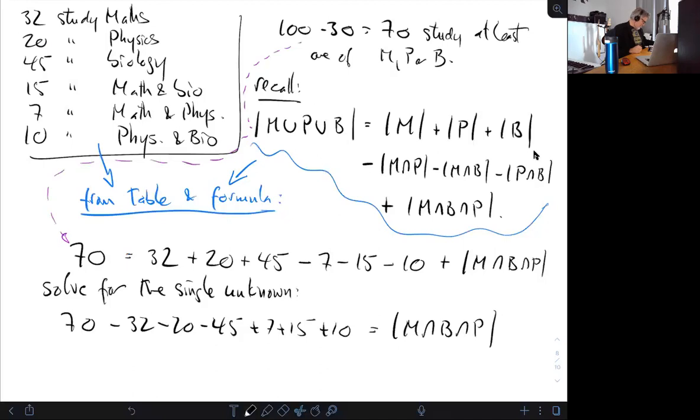So how do you, 70 minus, how can you get 5? That's 97, right?